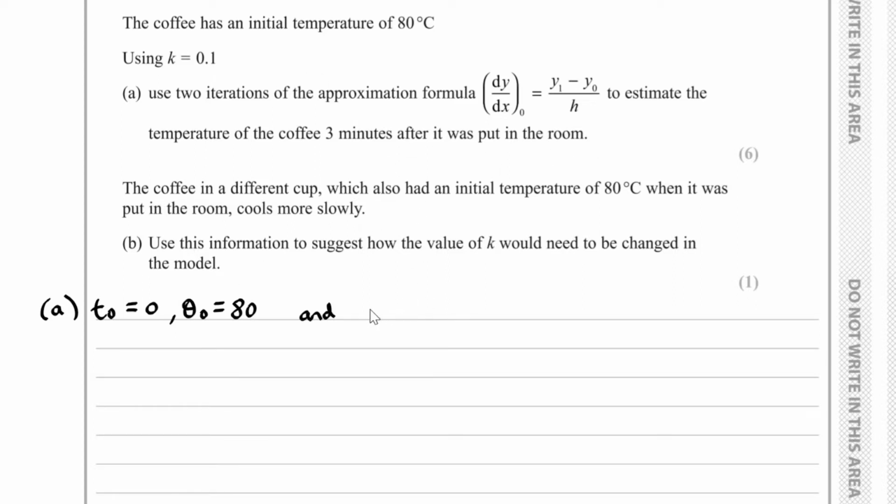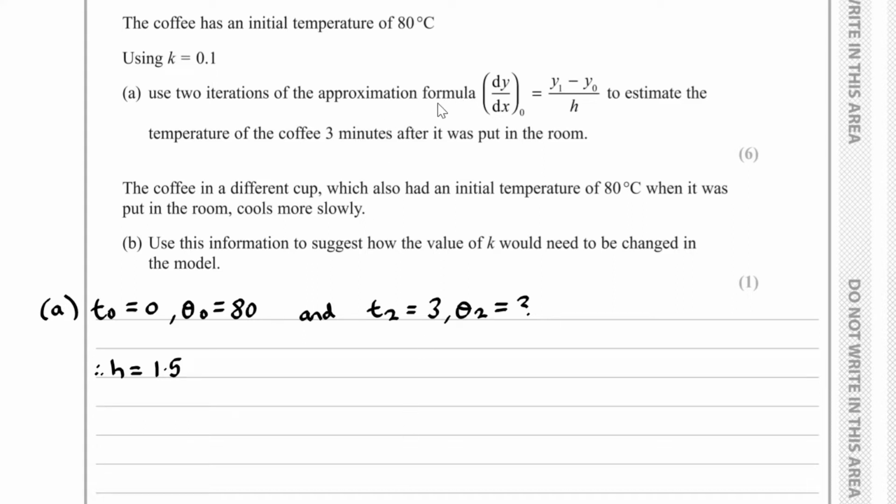So after 2 iterations, t2 is equal to 3, because we're considering the temperature 3 minutes after. And theta 2, well, that's what we're finding. Now, it takes 2 iterations for us to go from t0 equals 0 to t2 equals 3. And therefore, you'd notice here, h is equal to 1.5. Okay?